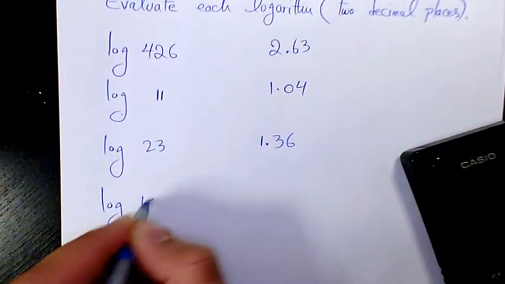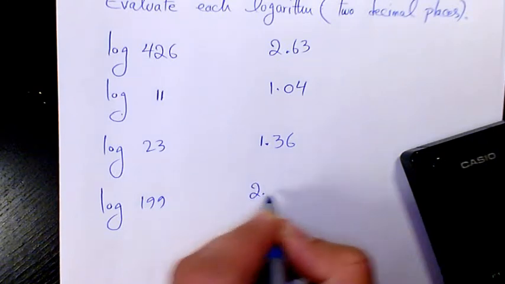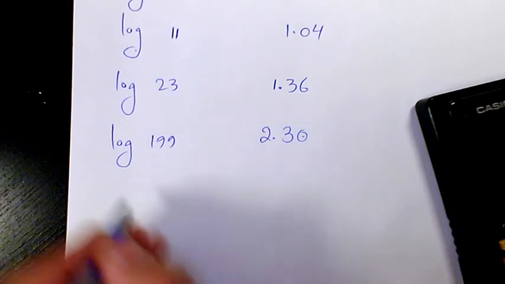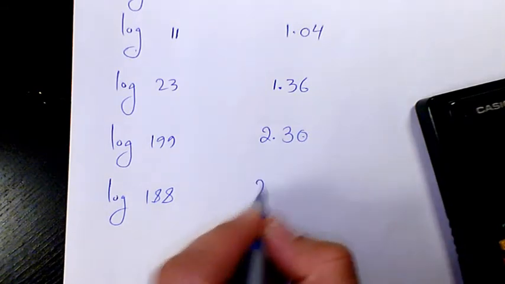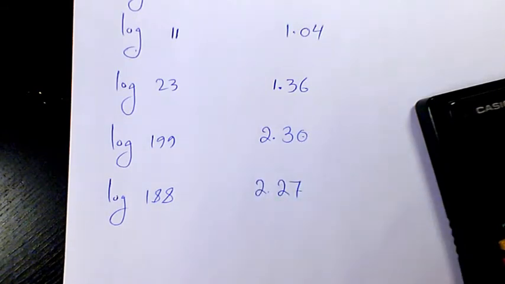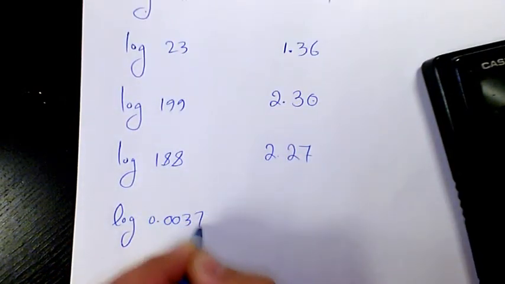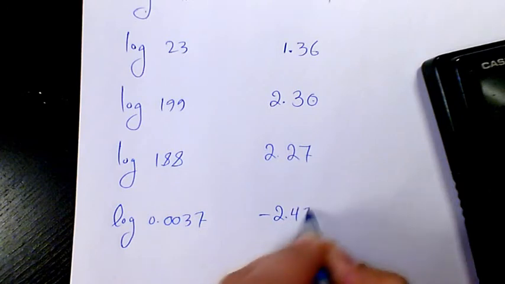Log 199 is 2.30. Log 188 is 2.27. Log 0.0037 is negative 2.43.